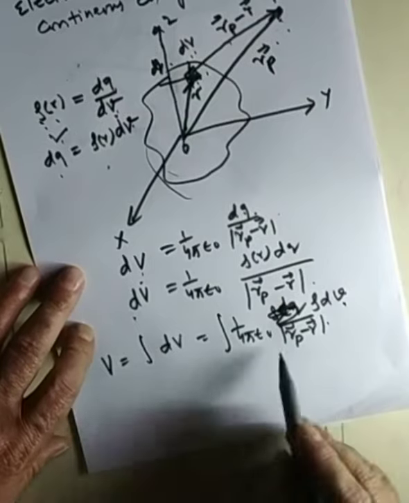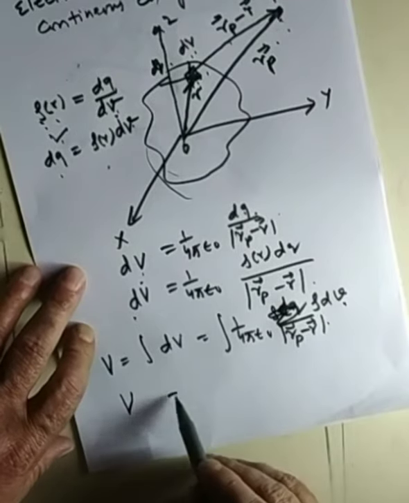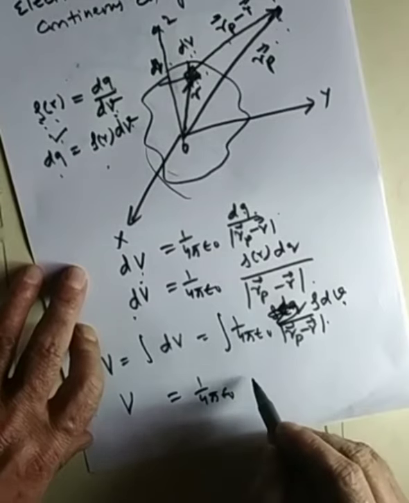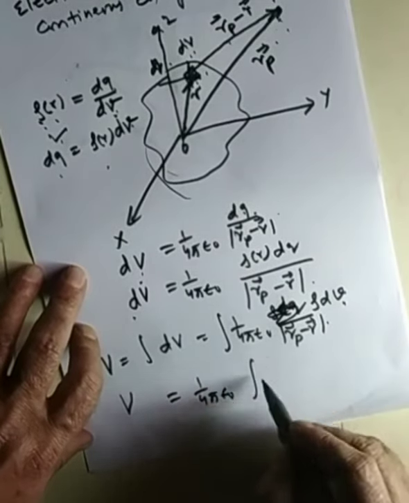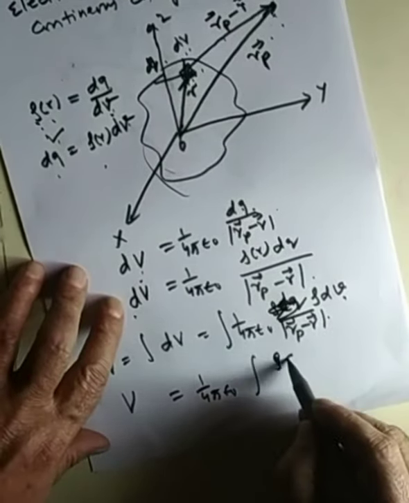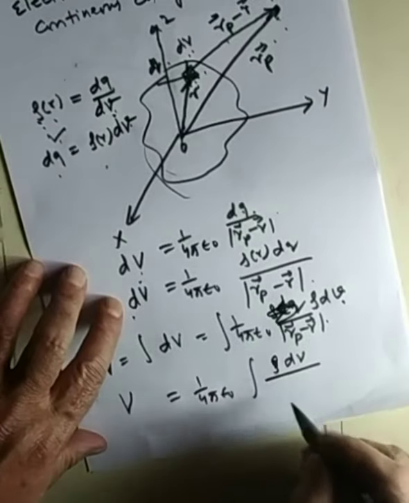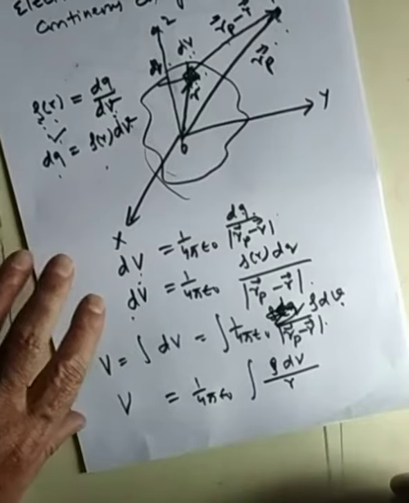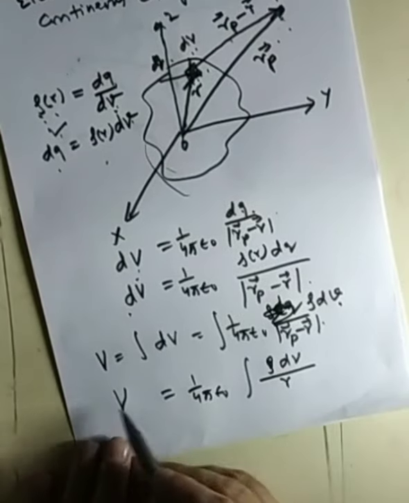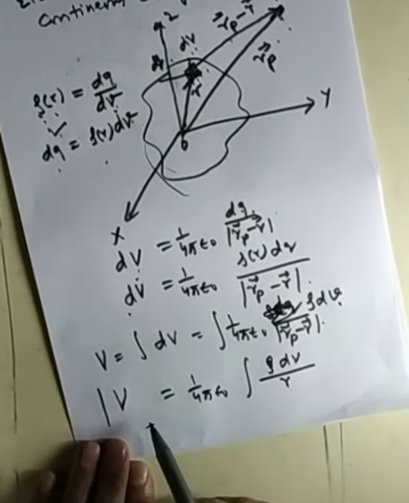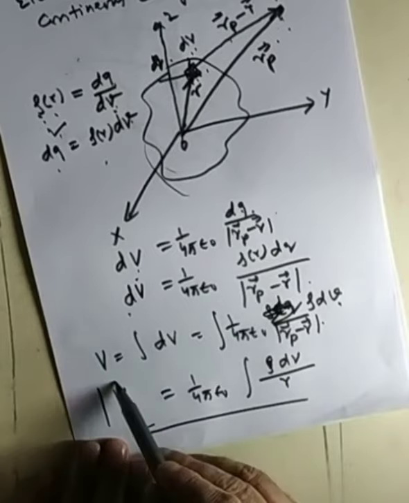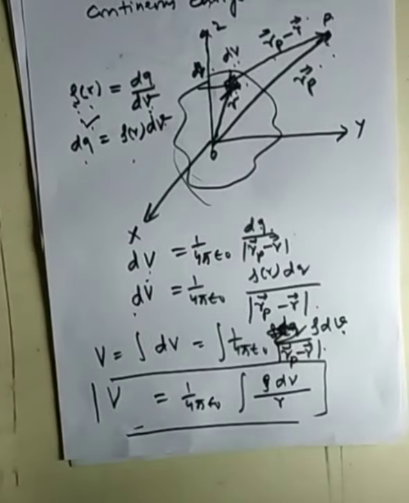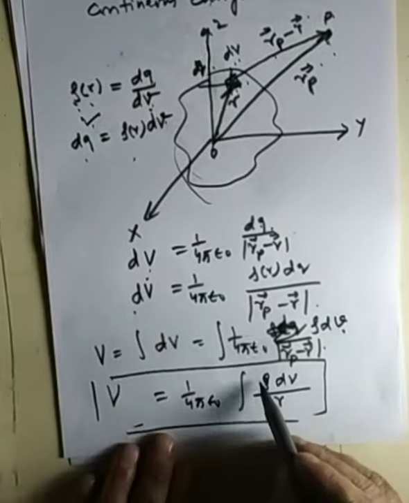So V can also be written as V equal to 1 by 4 pi epsilon 0 integral of rho dv divided by R. So this is the required expression for the potential due to a volume charge.